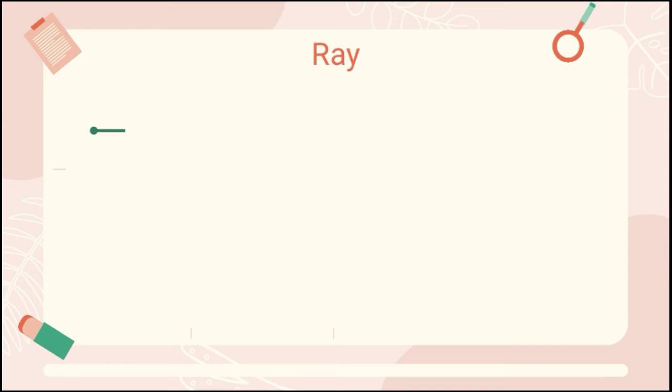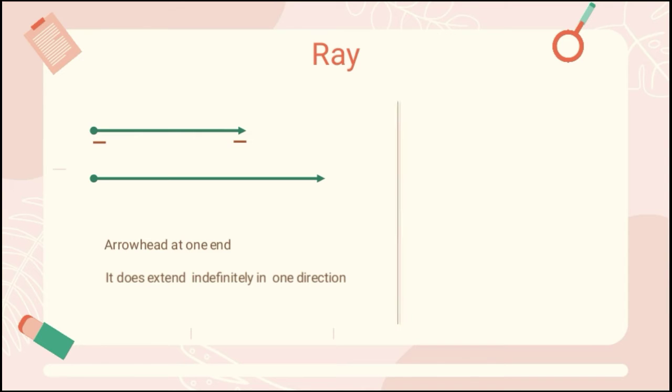Ray. A ray starts at a point and goes on indefinitely in one direction. What we draw is just part of a ray. We can mark this point as A and mark a point B somewhere on the ray.